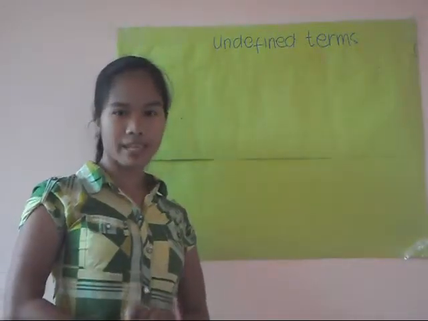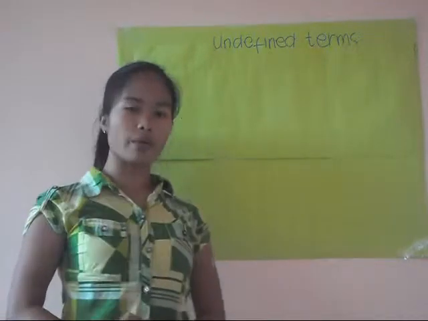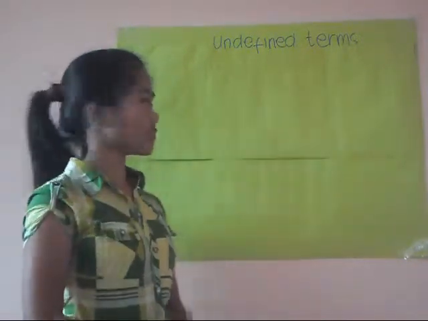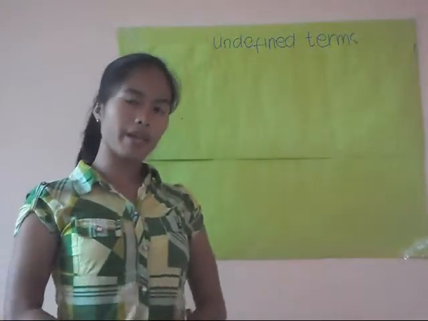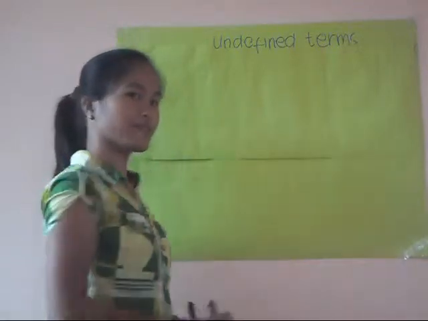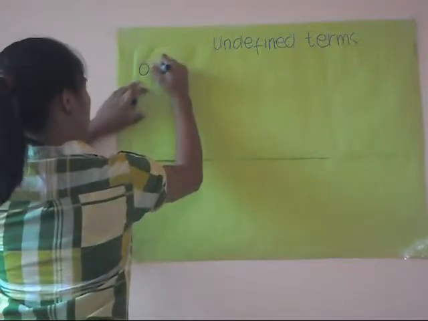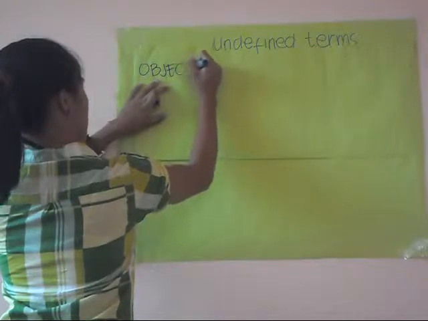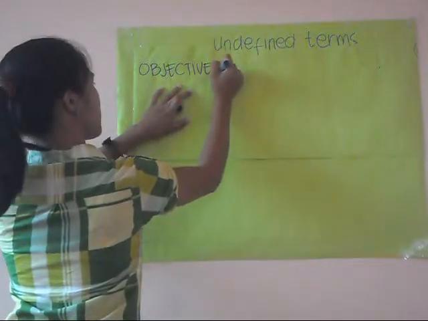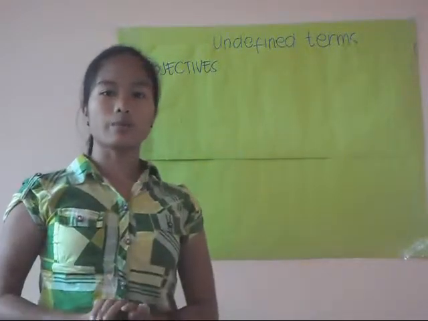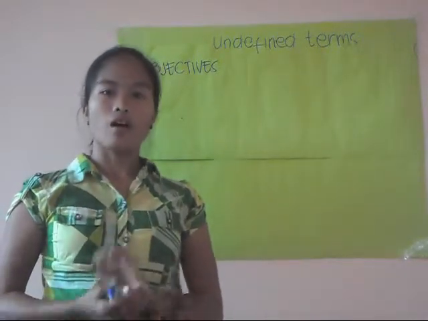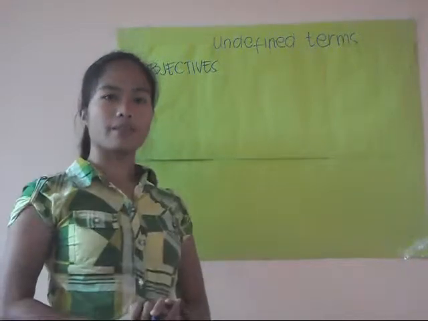Okay, I will show you an example of how to write lesson objectives. Consider that our topic in math is all about undefined terms. Then, we will make an objective according to it. Our objectives. The student should be the one who performs all the lesson to tackle.